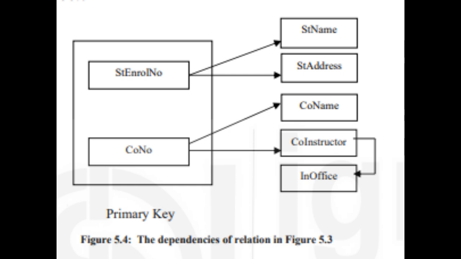Likewise, you may determine the dependence among different attributes. You may notice that the dependence of data can exist even among the attributes which are not part of the primary key, such as a dependence from course instructor, co-instructor attribute, to instructor office number, in-office attribute.